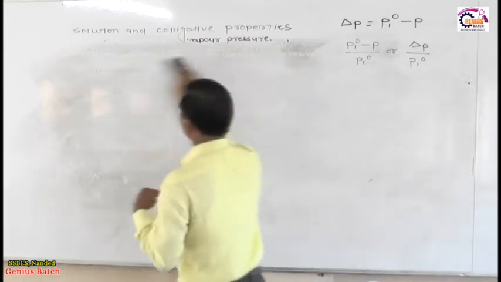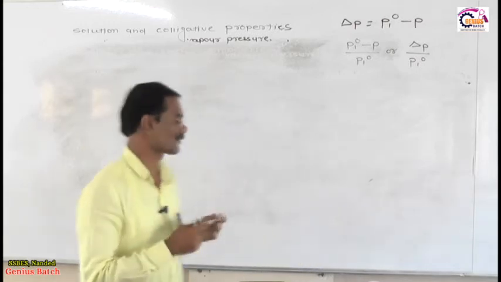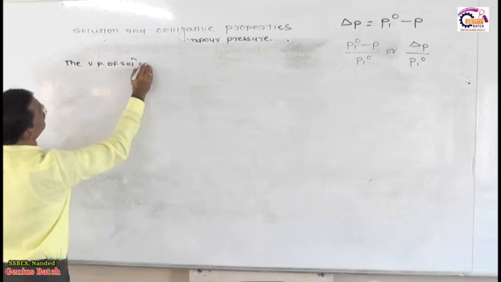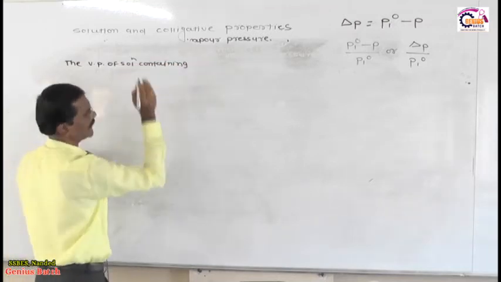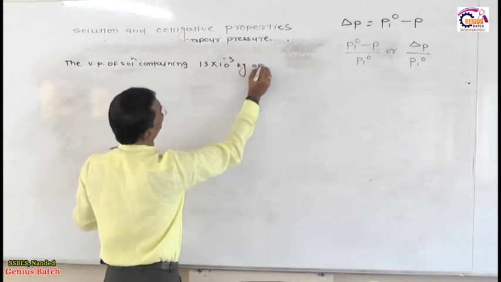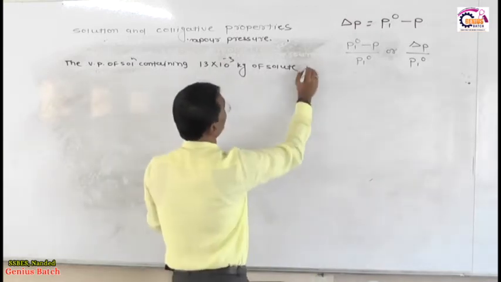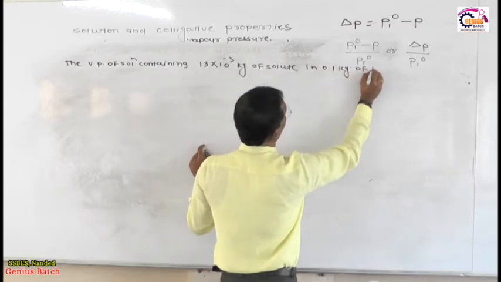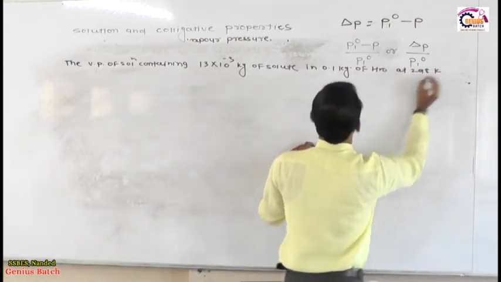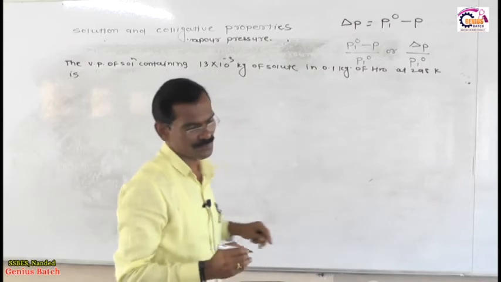The first problem: the vapor pressure of a solution containing 13 into 10 raised to minus 3 kilogram of solute, write down in your notebook, they are given the solute in kilograms, in 0.1 kilogram of water, the weight of solvent also in kilograms, at 298 Kelvin, they are given the vapor pressure 27.371 mm.